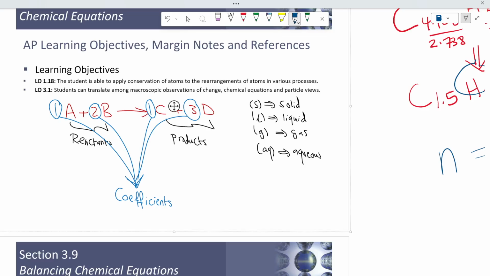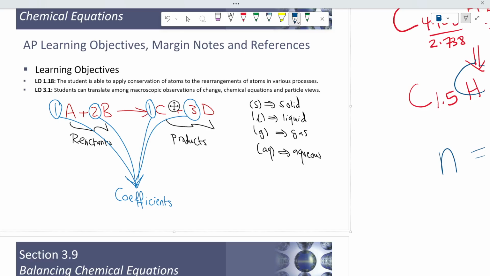These numbers 1, 2, 1, and 3 are called coefficients, and they represent the mole ratio between the reactants and the products, or between the reactants with each other and the products with each other. So it's a mole ratio or a particle ratio, a molecule ratio.